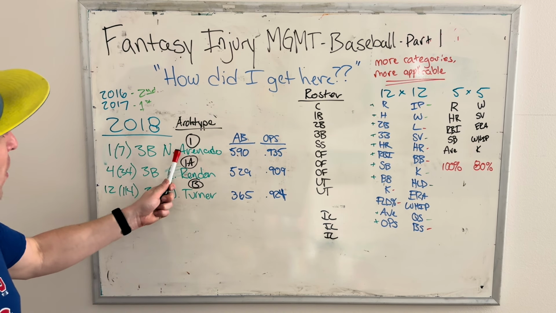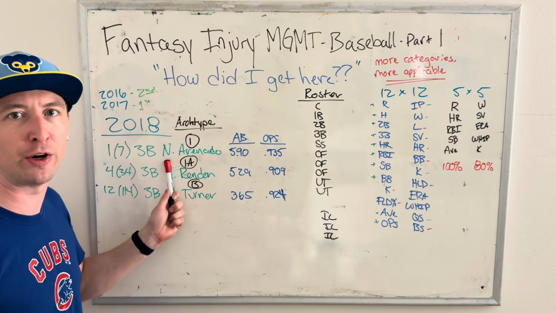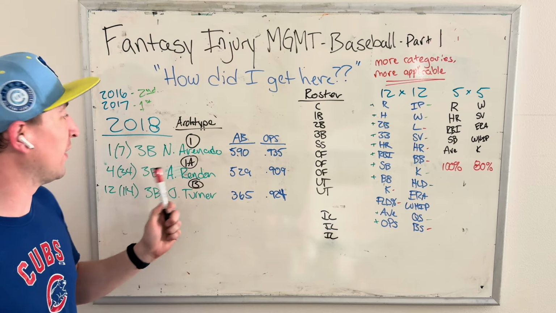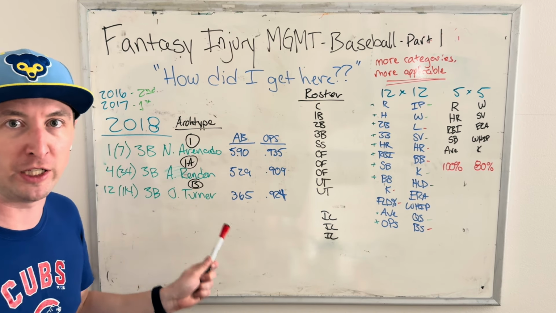So I had three very similar batters, and I never lost the production of my first round hitter. When Arenado got hurt, if I didn't have another third baseman, I would have to go to the waiver wire just for a third baseman.